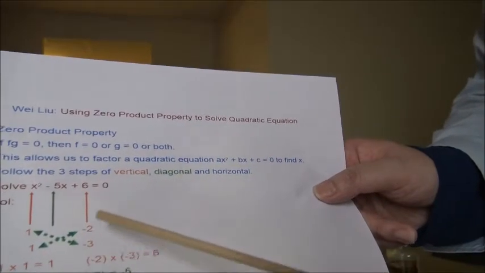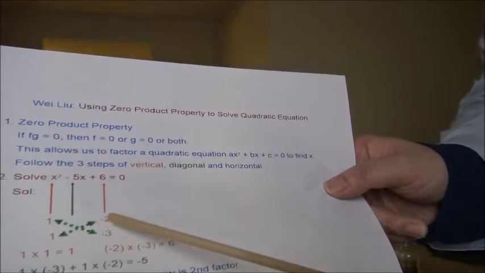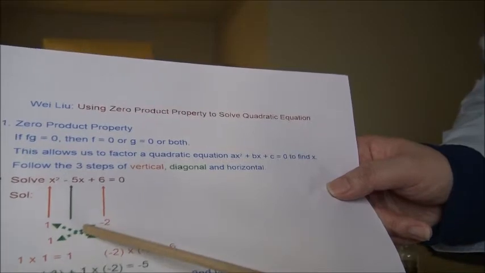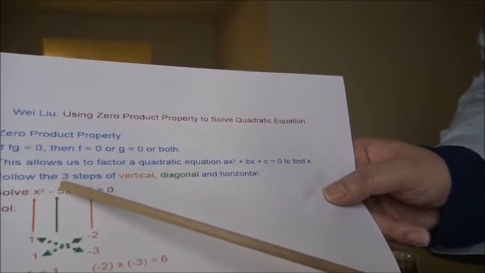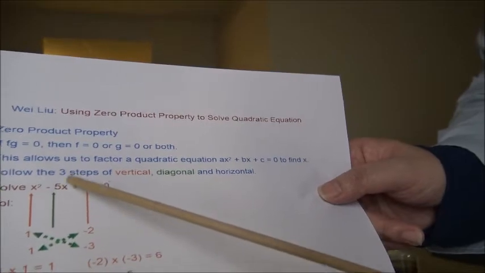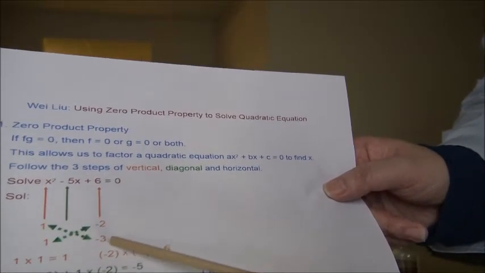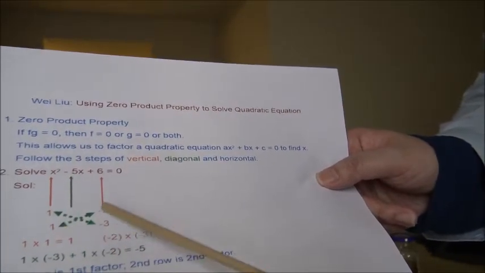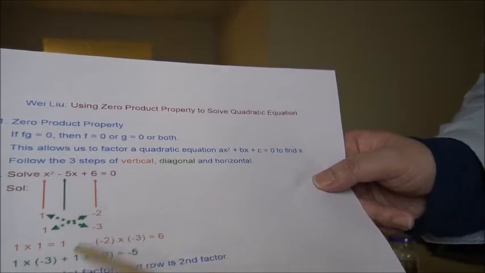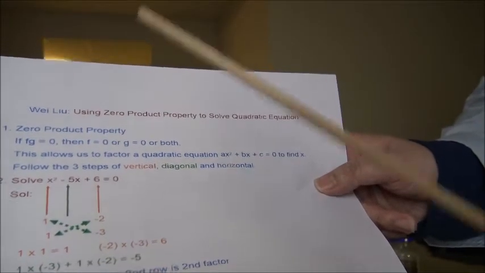Diagonal means the cross products of the 2 columns adding up will equal the coefficient of the first power. Now we check whether that is true. So green color, second step, the diagonal will be 1 times negative 3 plus 1 times negative 2.